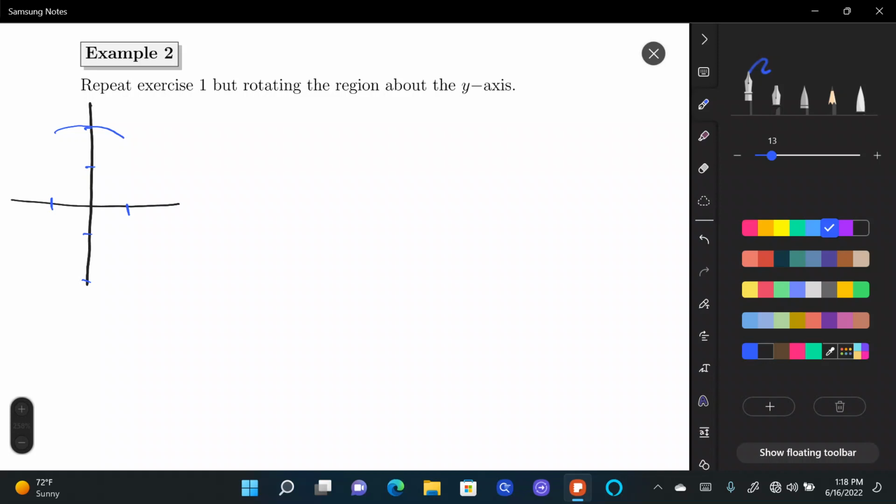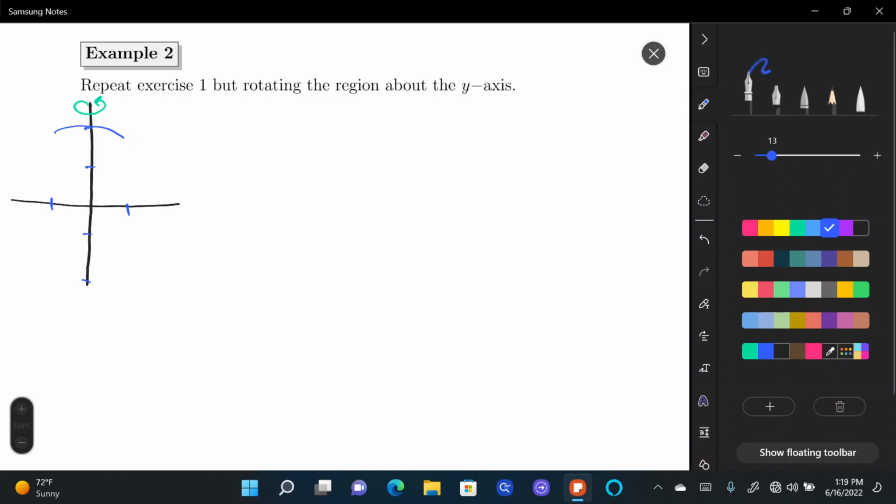But in this case, we're not going to do the rotation about the x-axis. Recall what we did last time. That gave rise to a solid that looked like a Parmesan cheese. Remember, we made the analogy. This time we're going to revolve this about the y-axis instead. And this is going to give us a totally different solid in this case.